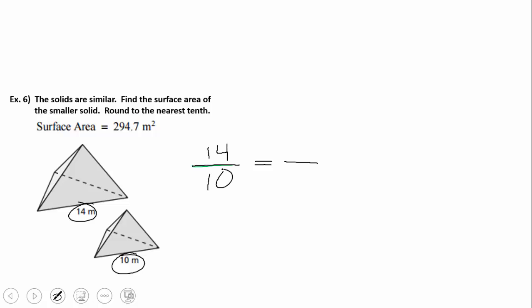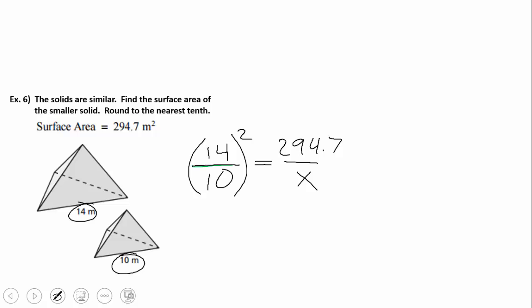The larger, and we need to square that, because remember, the ratio of the surface areas is equal to the square of the corresponding dimensions. So we have to square that. And then the surface area of the larger is 294.7. And of course we don't know the surface area of the smaller one. So now it's just up to doing some math.